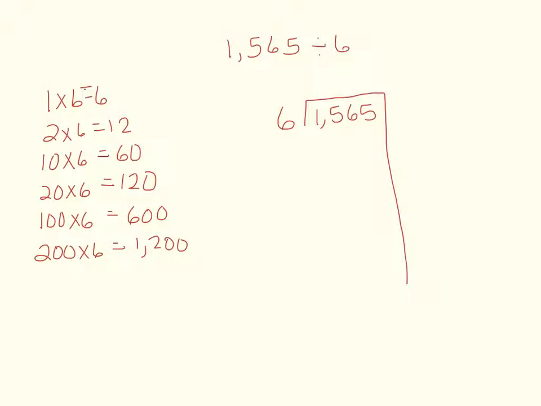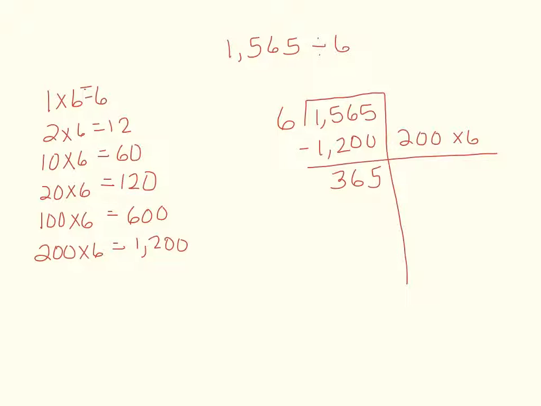I want to get as close as possible, and if I look in my think box, I see that 200 groups of 6 gives me 1,200. I then subtract 1,200 from 1,565, and I get 365.